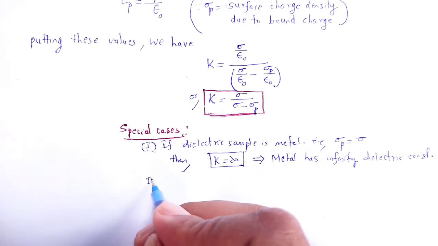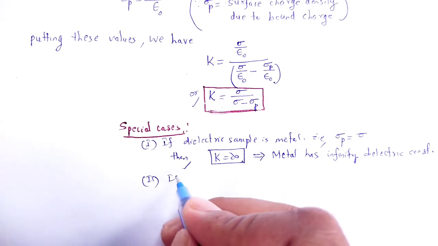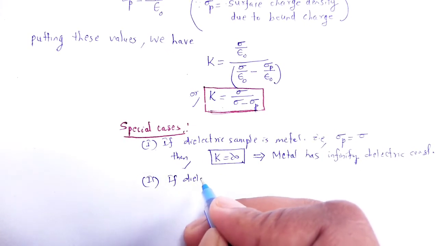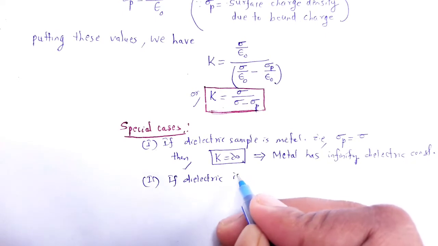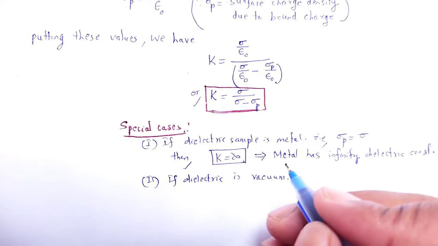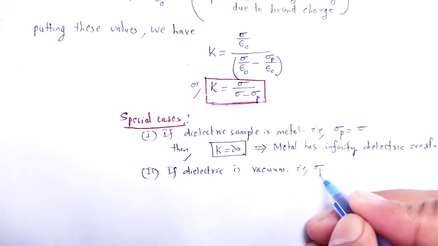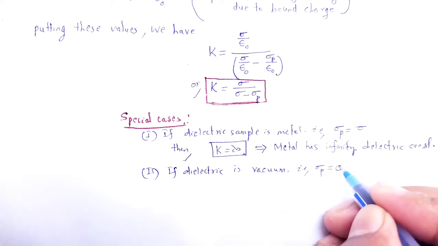Another special case, if the dielectric is vacuum, that indicates sigma P will be 0.